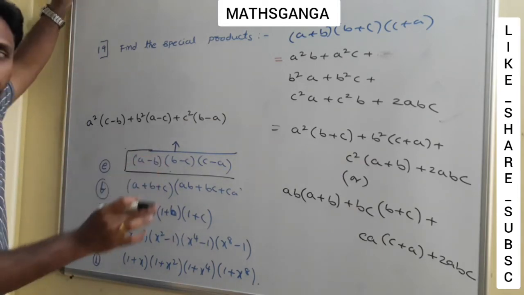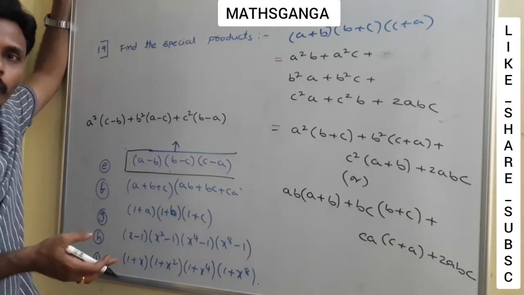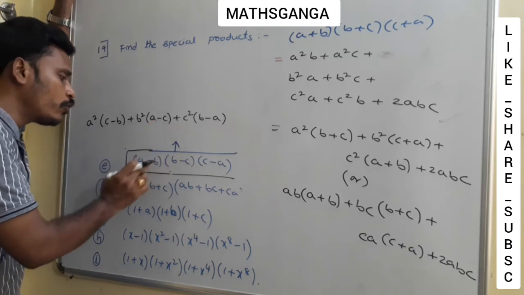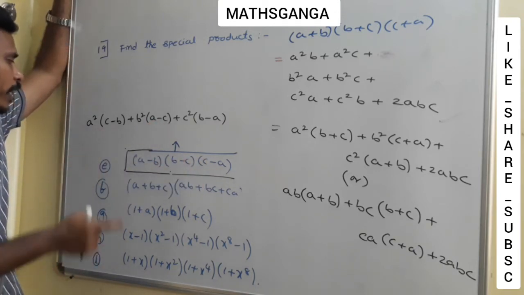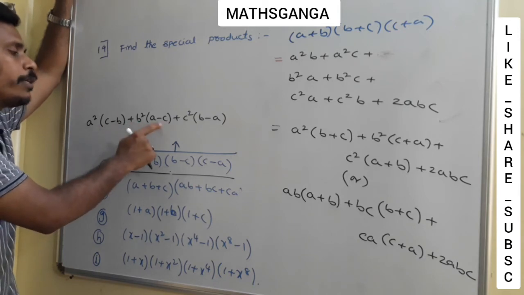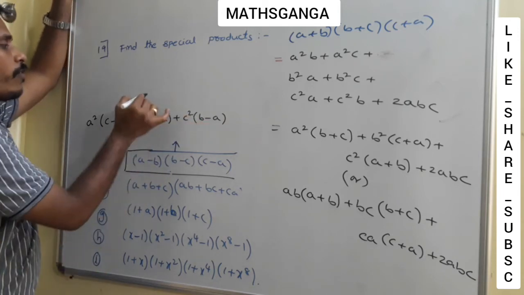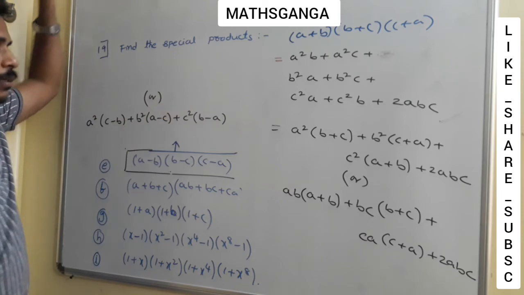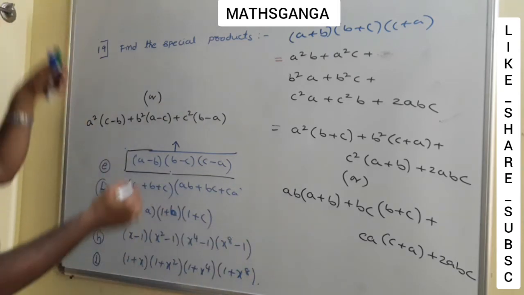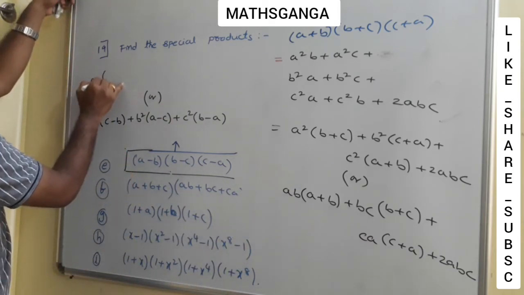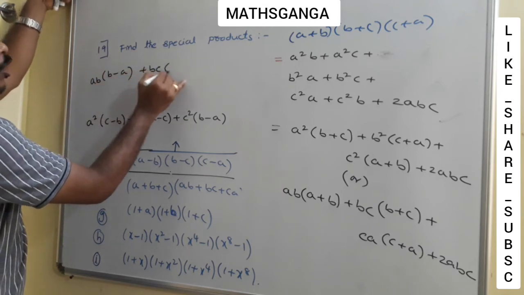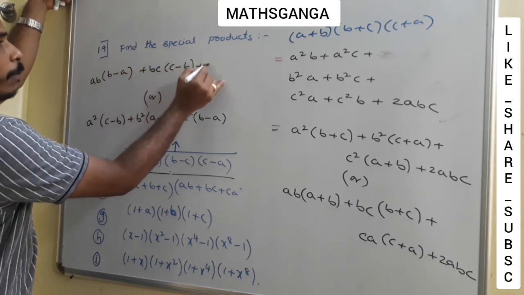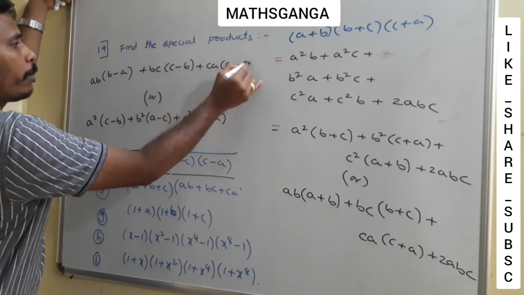See, if you wish, you just multiply. No other way we have. To identify these two are equal, you just multiply it and then get it. See, that's it: a square of (c minus b) plus b square of (a minus c) plus c square of (a minus b). Or if you rewrite it like this, it may be ab of (b minus a) plus bc of (c minus b) plus ca of (a minus c).